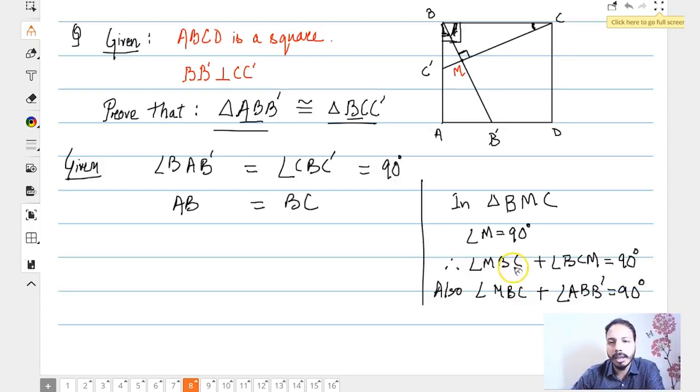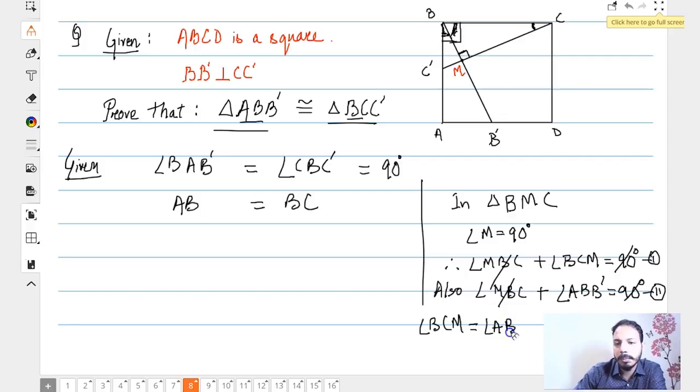Now from here, say this is equation 1 and this is equation 2, if we cancel out, this will get cancelled and this will get cancelled, and we can write that angle BCM is equal to angle ABB dash. And you see, guys, BCM can also be written as BCC dash.